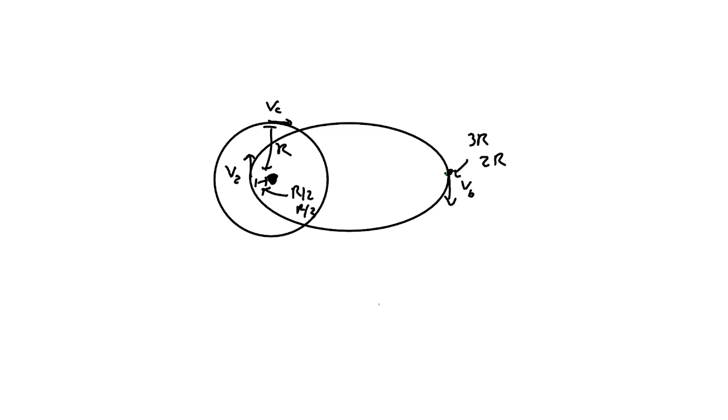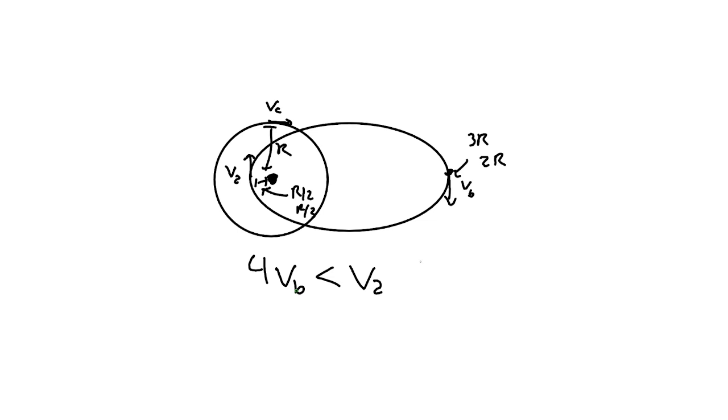With our whole thing about angular momentum, we know that at this point, VA is going to be at the very least 4 times greater than VB. Because if this length is r over 2 and this length is 2r, that means VA is 4 times greater than VB.